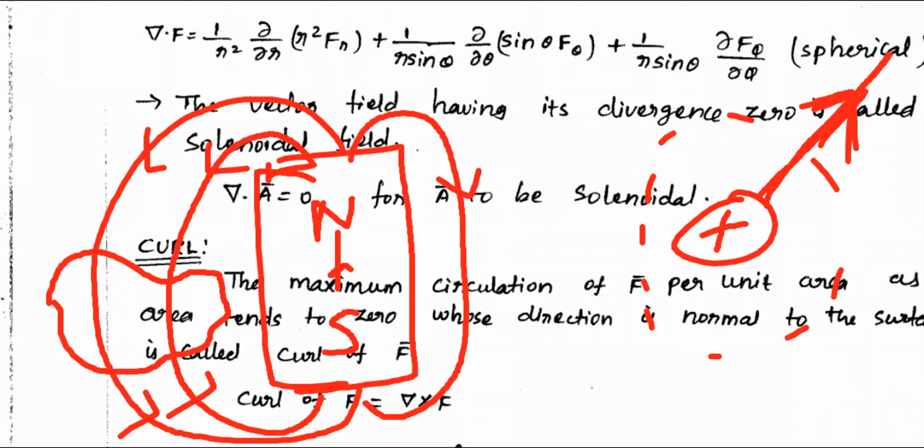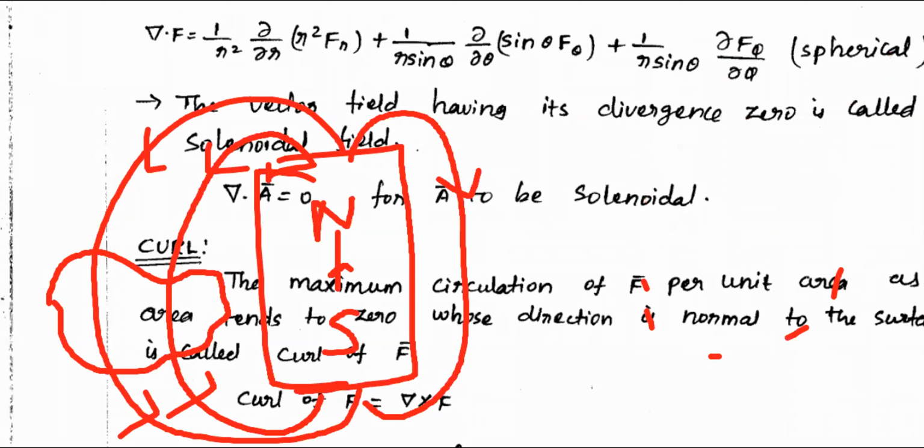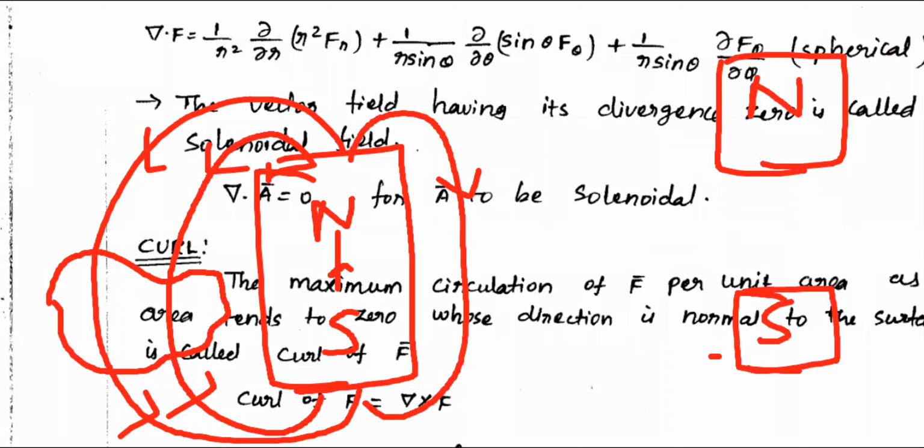But here the case is like this. Once if you have N, you will get S. N and S are closer together, the magnetic field is created from this and it is ending with S. And the question arises, if I cut the magnet, what happens? From the properties of the magnet, even if you cut the magnet, you cannot create N alone or S alone.